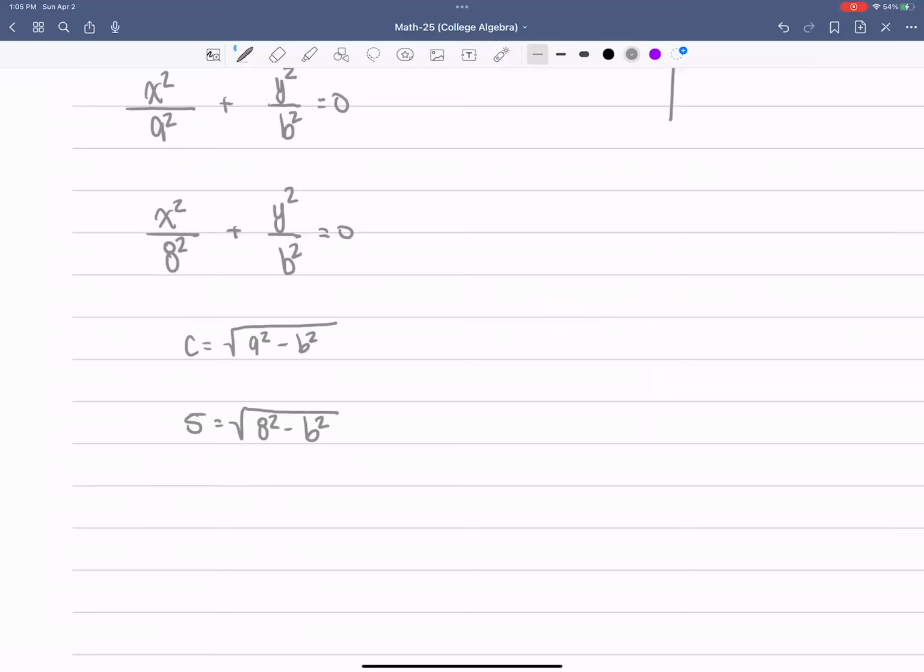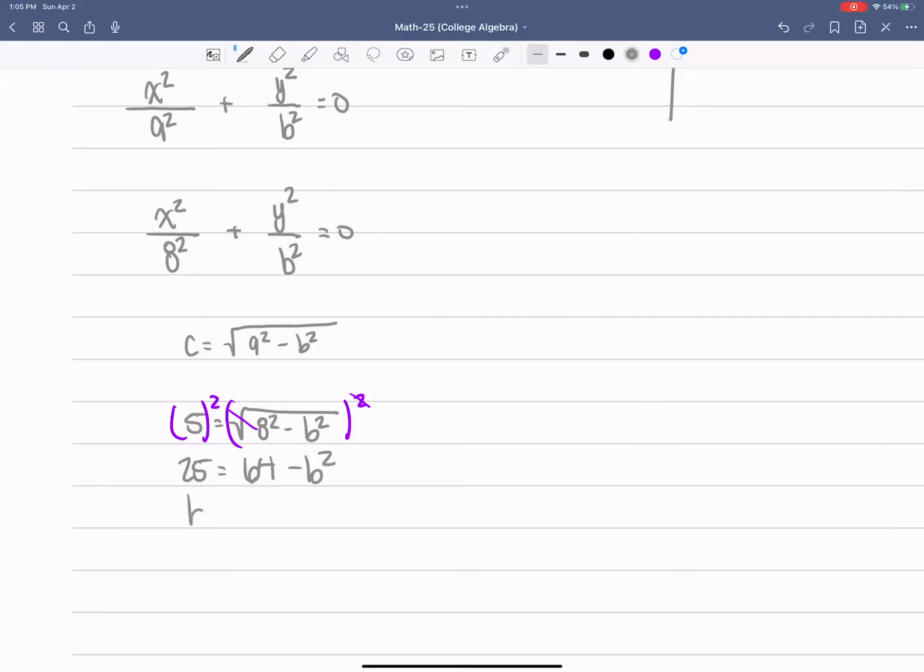To get rid of the square root, let's square both sides. So the square root simplifies with that square, leaving us with 25 is equal to 8 squared, which is 64, minus b squared.